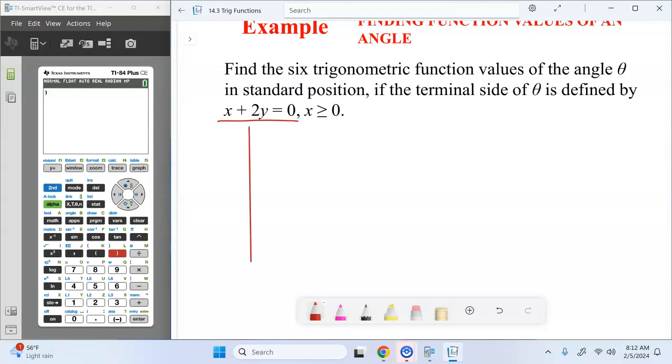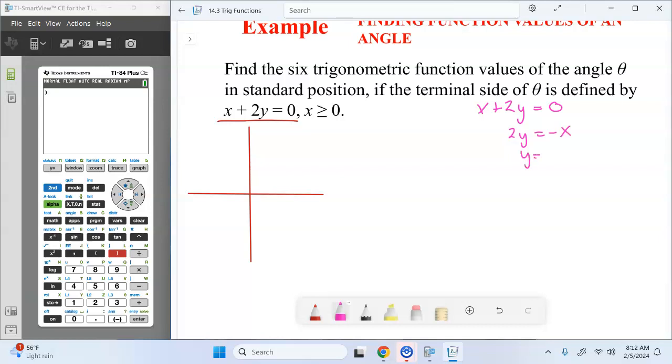Okay? So let's start with our grid. One of the easiest things may be to just get it in slope-intercept form. So if I wanted to rewrite x plus 2y equals 0 in slope-intercept form, how would we rewrite that? Subtract the x, then what? Divide by 2.